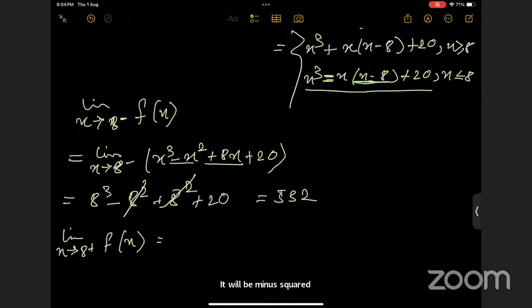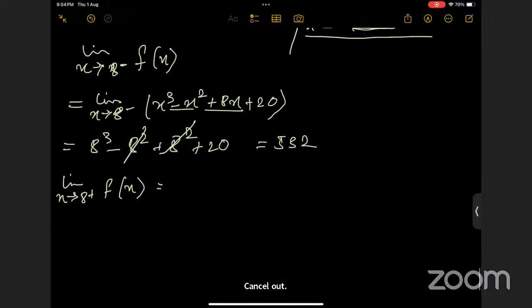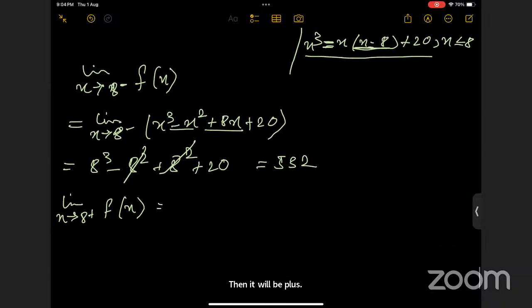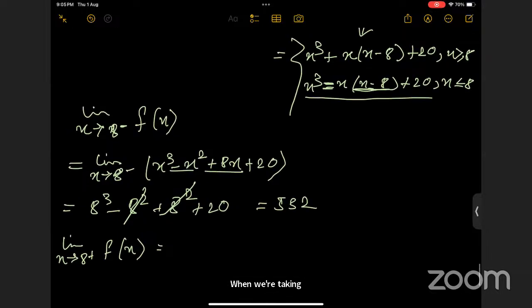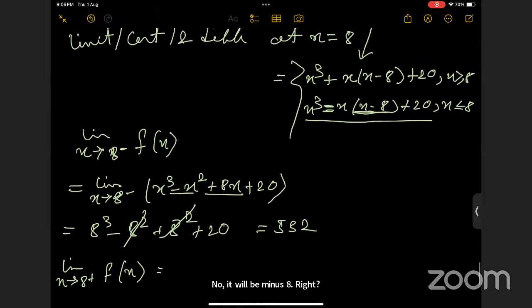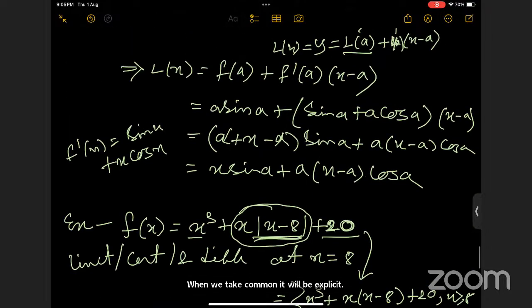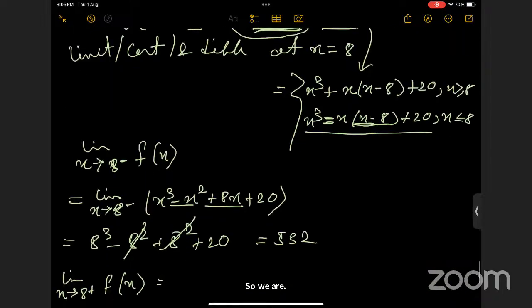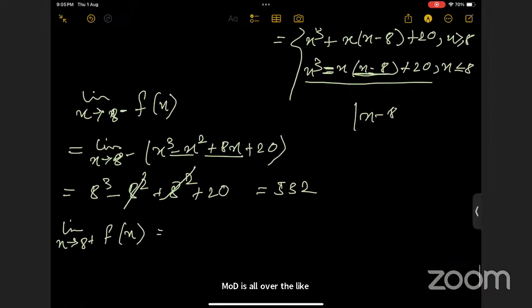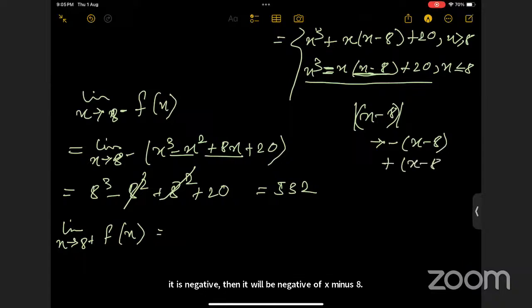Here the mod is over the whole factor x minus 8. So we have to take minus or plus with the whole factor x minus 8. If it is negative, then it will be negative of x minus 8. And if it is positive, then it will be positive of x minus 8.